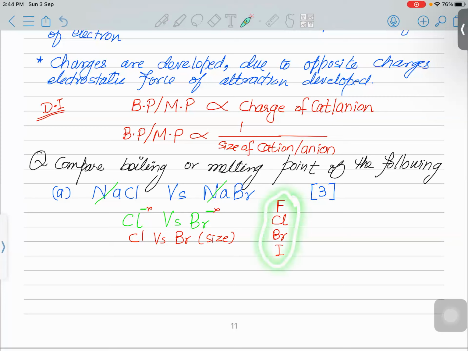So which one has a smaller size? Chlorine. So smaller size means a strong electrostatic force of attraction, high melting point. So the melting point of NaCl is higher.